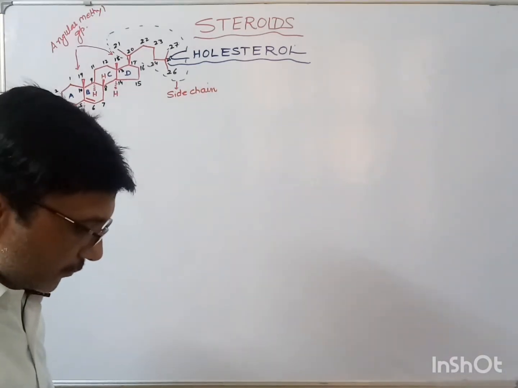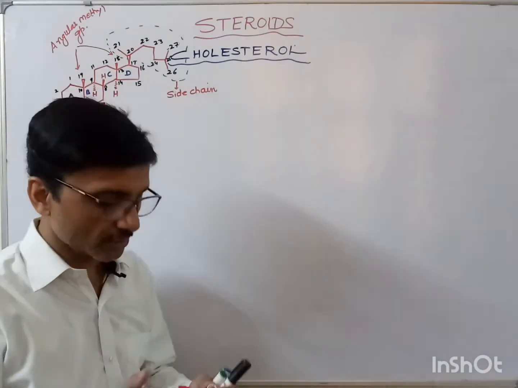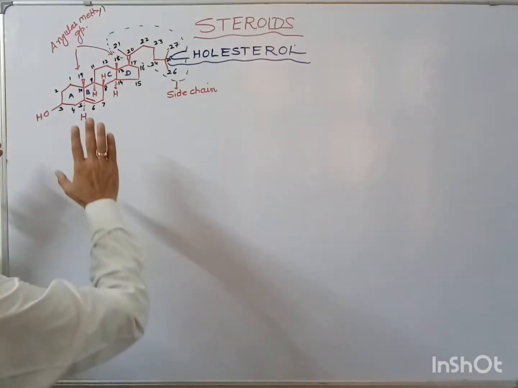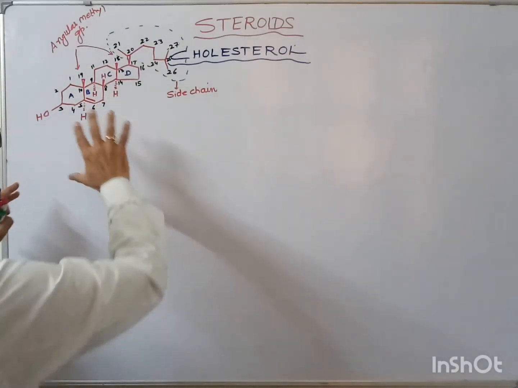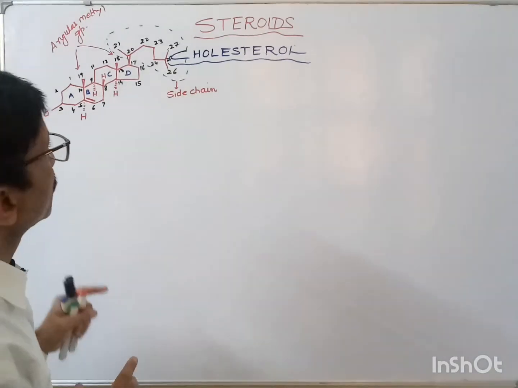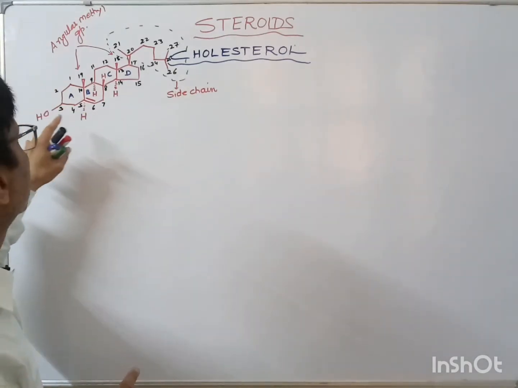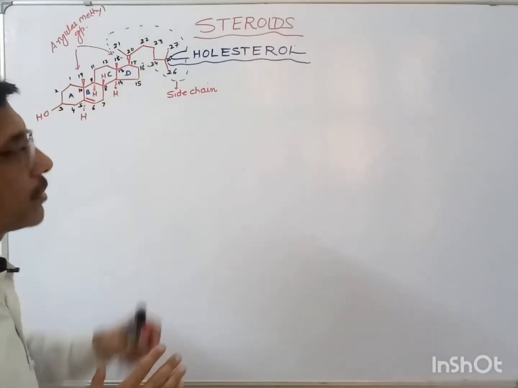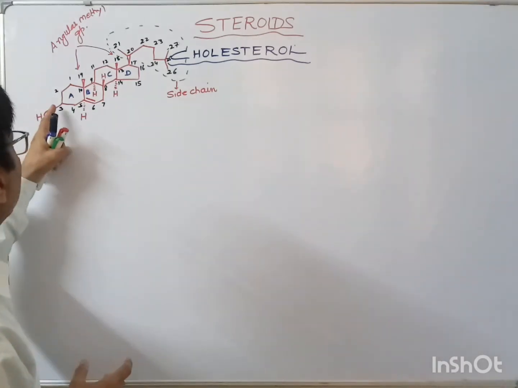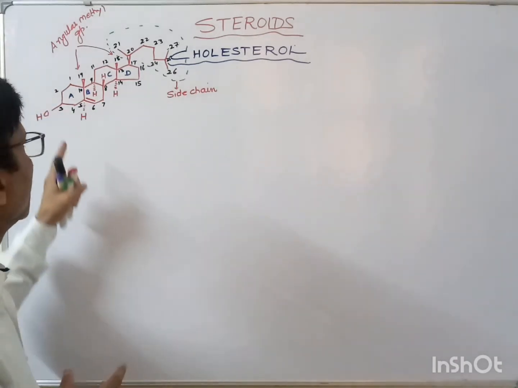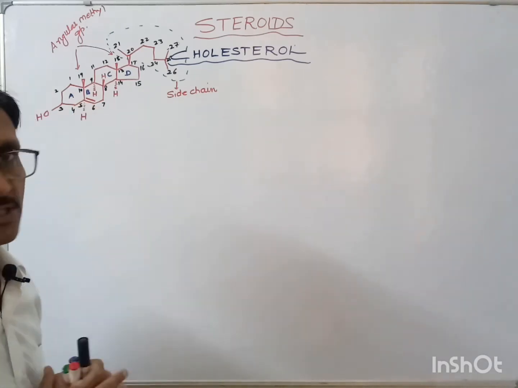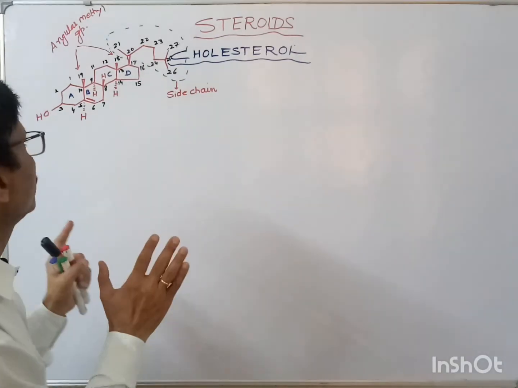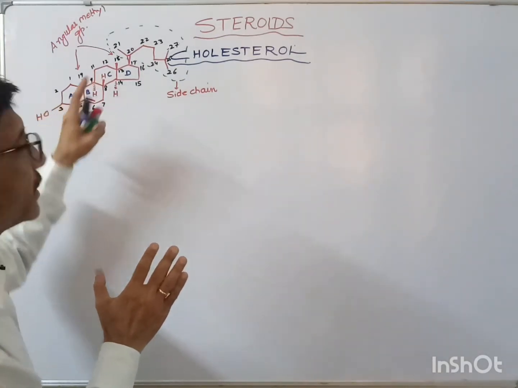So to prove the structure of this cholesterol, we should prove these things one by one. What we have to prove is that the skeleton of this cholesterol has 4 cyclic rings, 1 secondary OH, and one double bond. We will prove that 4 cyclic rings are present.